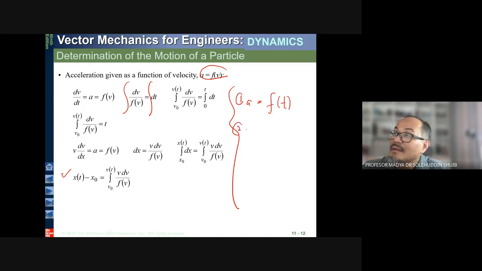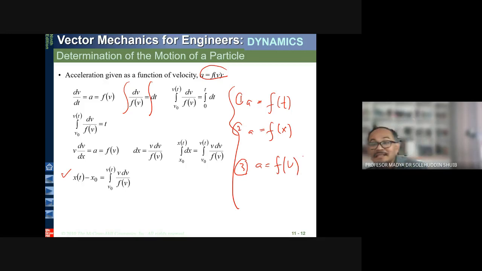Case number 2 is a as a function of x, and the third case is a as a function of v. These are the three cases that we are doing.